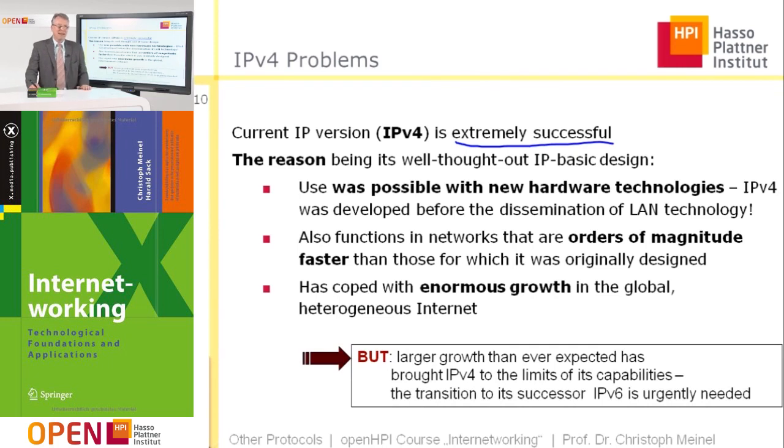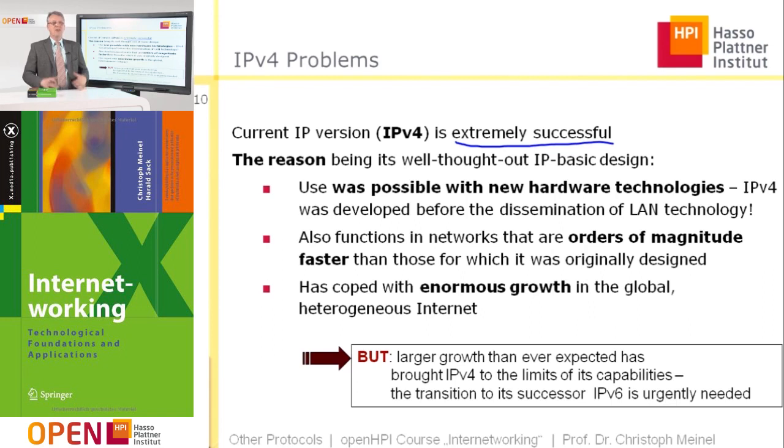But we have problems today. We have problems not so much from the design, but from the fact that there are many more systems that want to be connected to the internet than IPv4 addresses are available.